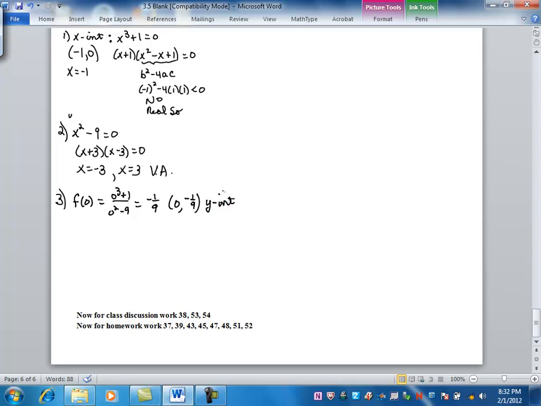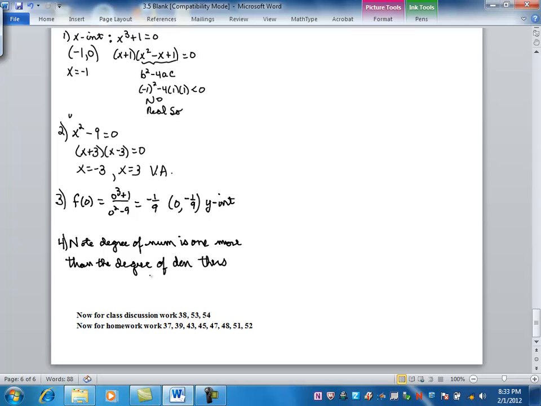And now the next step we usually look at would be the horizontal asymptotes, but note here, the degree of the numerator is 1 more than the degree of the denominator.